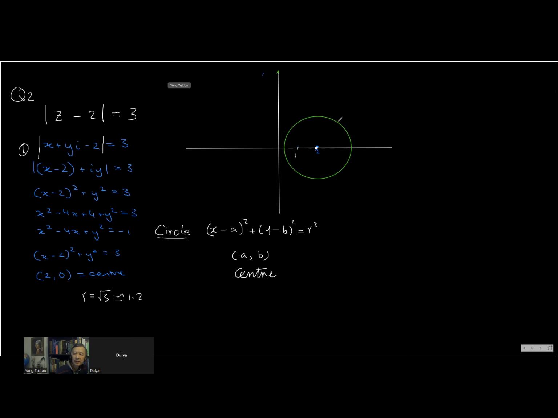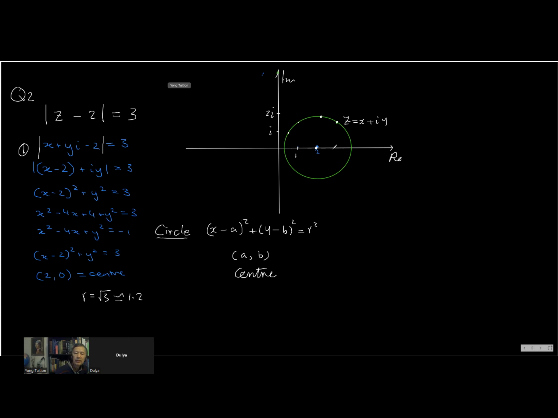Any complex number, you can pick any point on this circle. It will satisfy this condition. So that is z equal to x plus iy, and we can check that if you wish. This is the real axis, this is the imaginary axis, so this is 1, that's i, that's 2i, and so on.